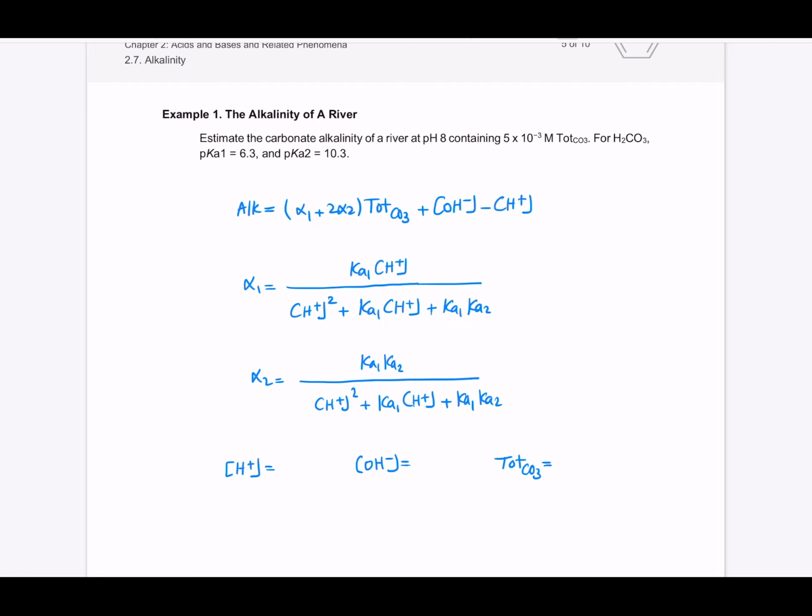Anyone calculated alpha 1? So this is roughly 0.976. And this is 0.05. Now you guys can calculate the alkalinity.